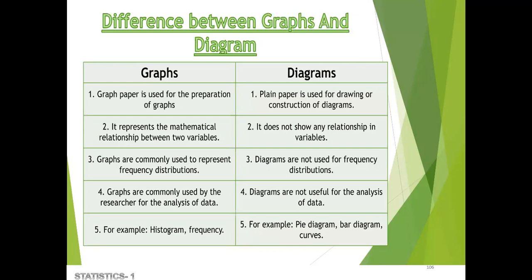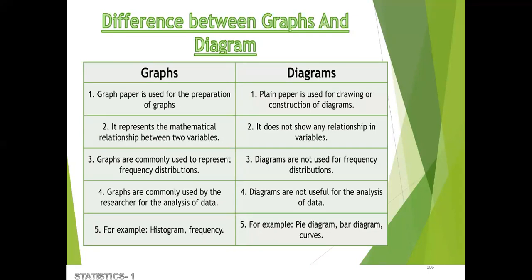Graphs are commonly used to represent various frequency distributions. Diagrams are not used for frequency distributions. Graphs are commonly used by a researcher for analysis of data. Diagrams are not useful for analysis of data.